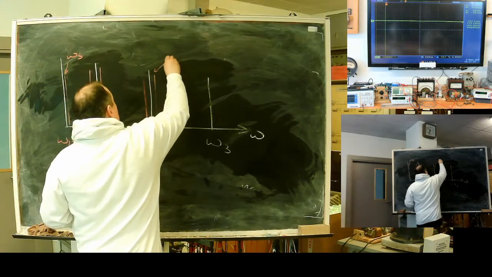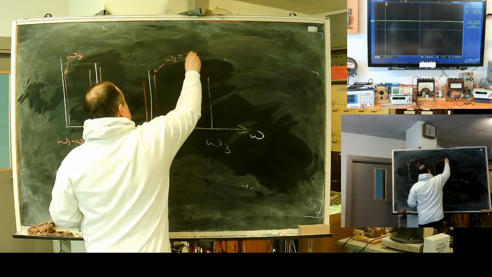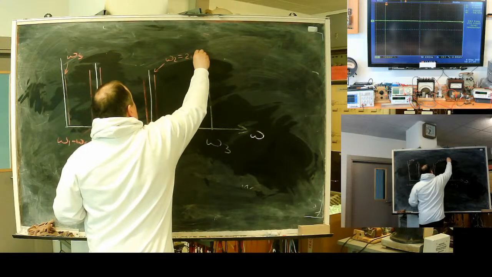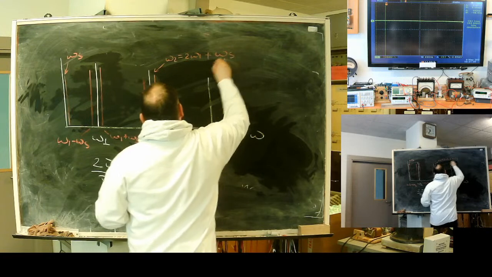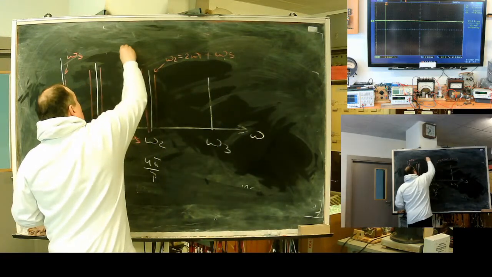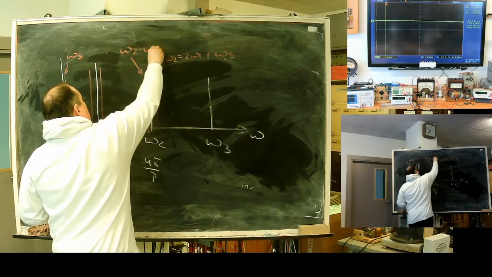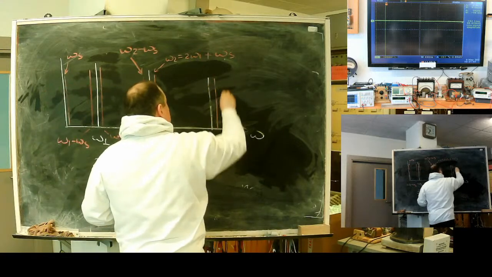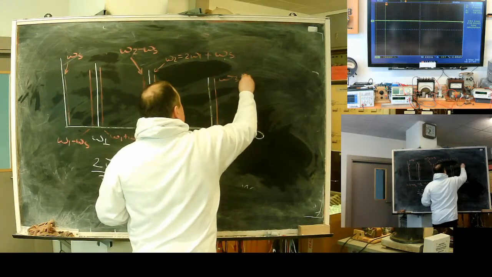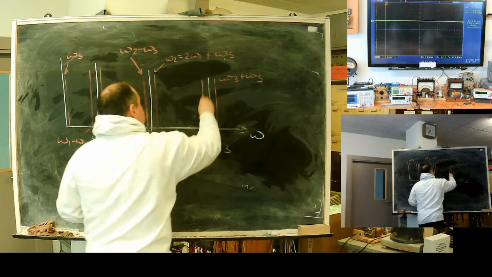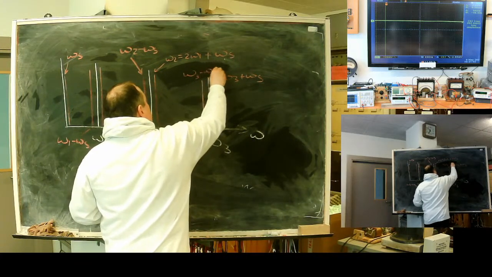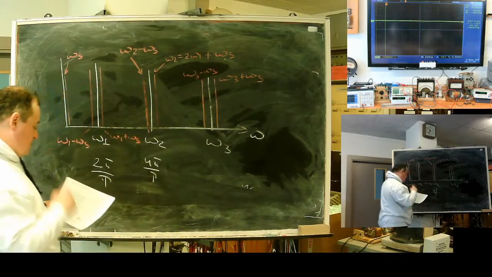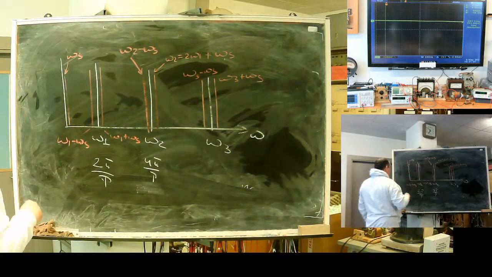This line, omega 2 equals about omega 1 plus omega s. This one, omega 2 minus omega s. Omega 3 plus omega s. Omega 3 minus omega s. And in this way. But that's not all.